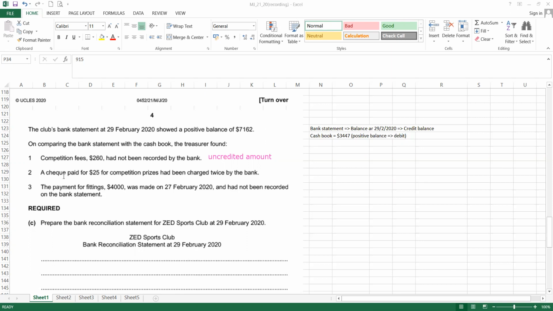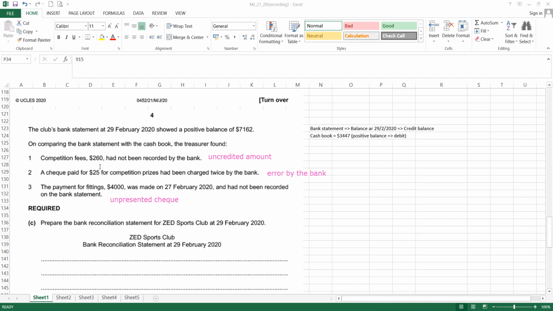Next, a check paid for 25 for competition price has been charged twice by the bank. This is an error by the bank. Okay, next. The payment for fitting 4,000 was made on 27 February and has not been recorded on the bank statement. This one we call an unpresented check.